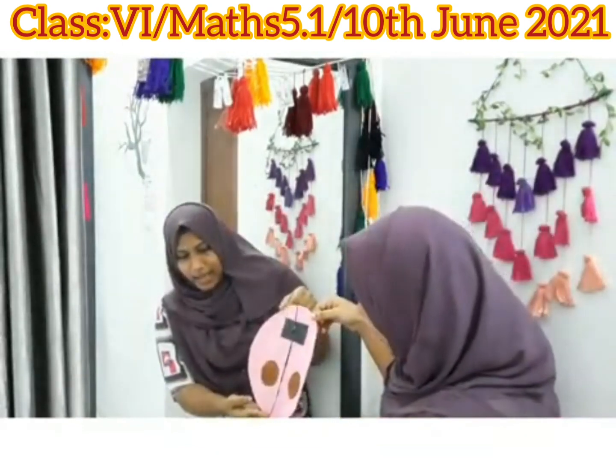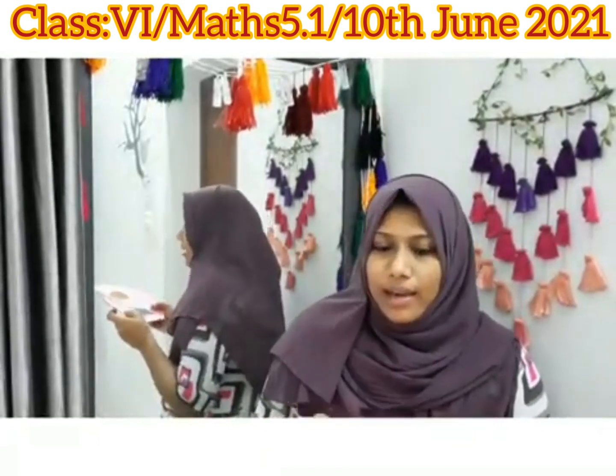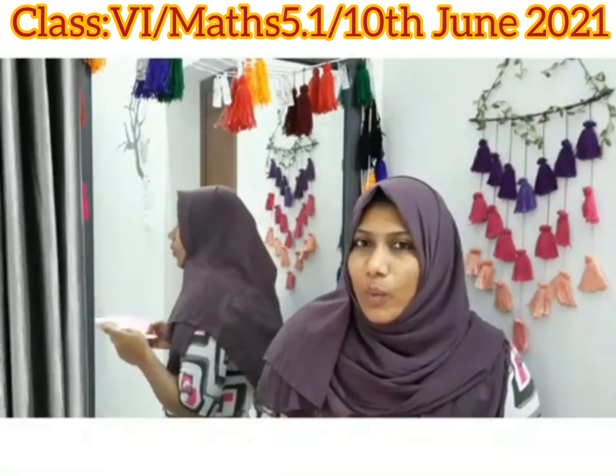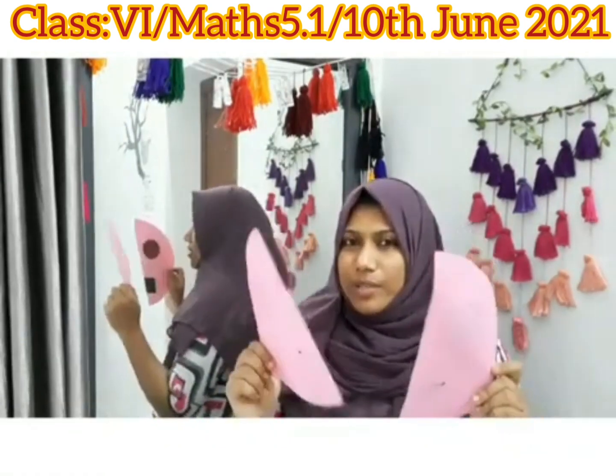You can see here we get the whole circle. So symmetrical is a property of the object. When we can divide the object into two equal parts, then we can call the object symmetrical. Got it, students?